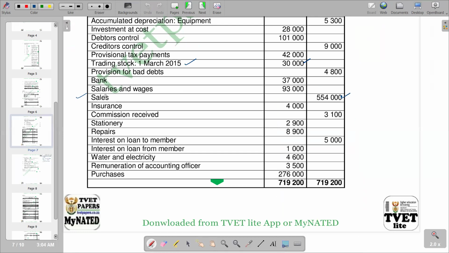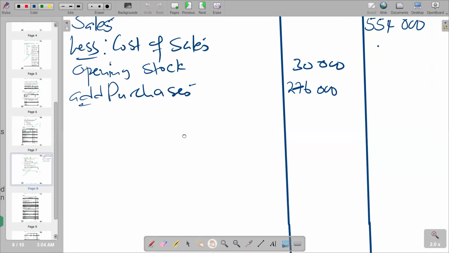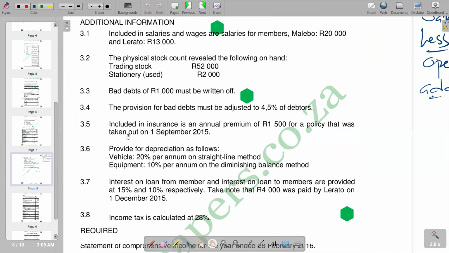Going through the information, we see that we do not have any carriages. You can also check in the additional information if there is anything to do with carriages, maybe they were omitted. If they were omitted, they'll be included in the additional information, and then you can include them in our statement of profit or loss.